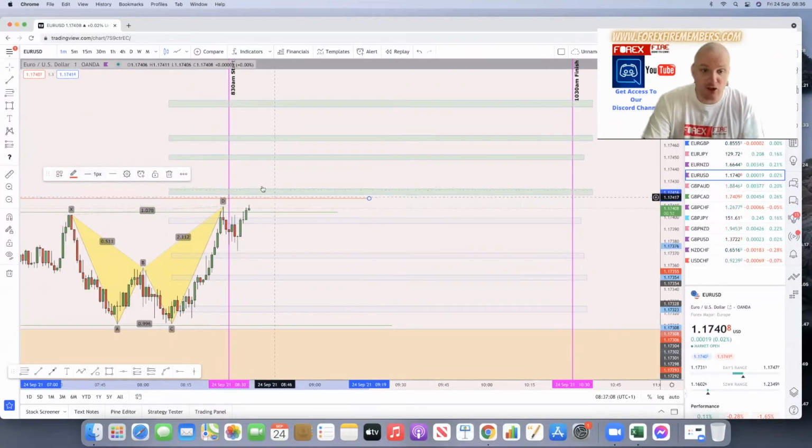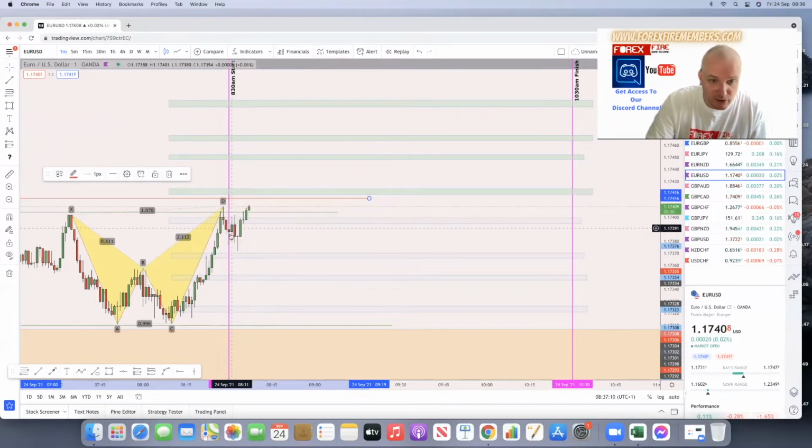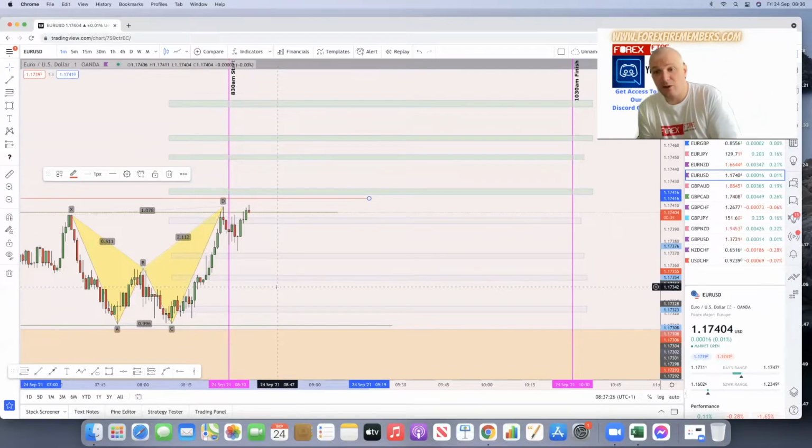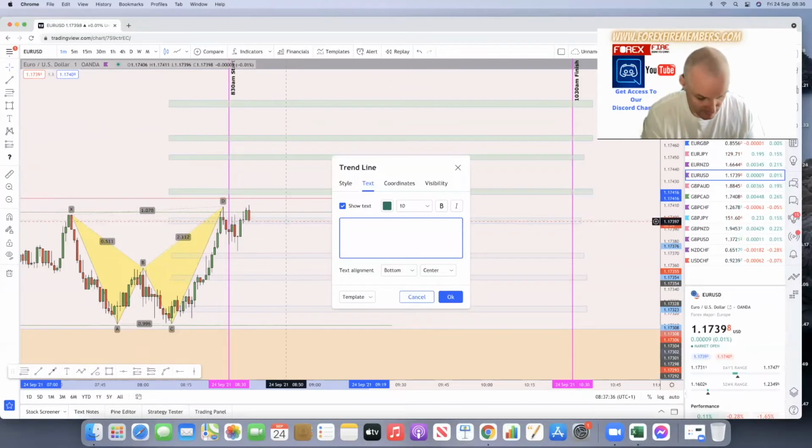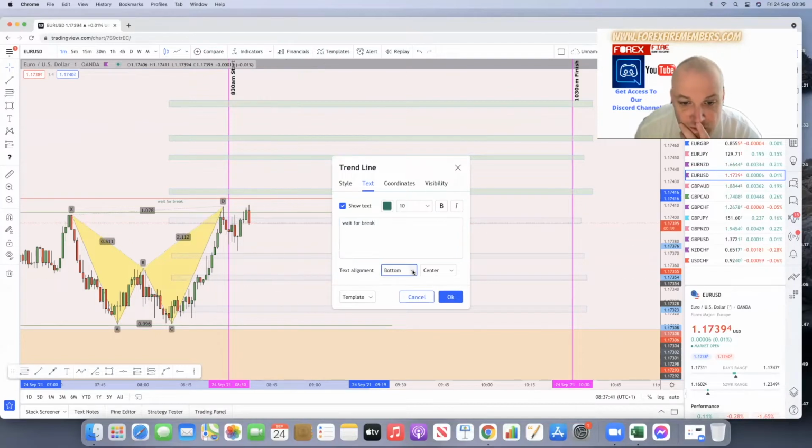If I get a break of structure on this one here, I'll be certainly looking to play a trade from here. Okay. With that being said, if this sort of reverses down, I may be looking at an entry from this sort of area. So again, we just wait it out. We wait for the play. And then I'll take it from there, guys. Okay, so I'm either waiting for a break, wait for break. We want this on the bottom center.